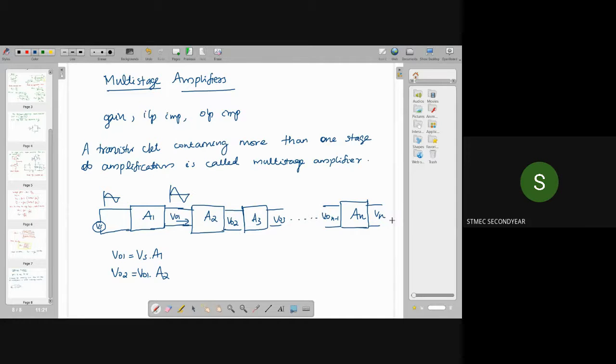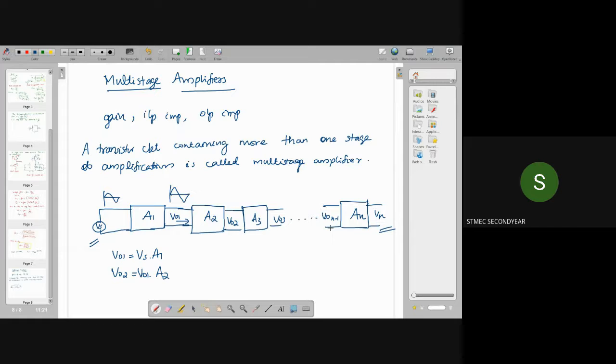Vs was our initial input signal and Vn is our final output signal. Similar to this, we can connect many amplifiers together. These are called multi-stage amplifiers.